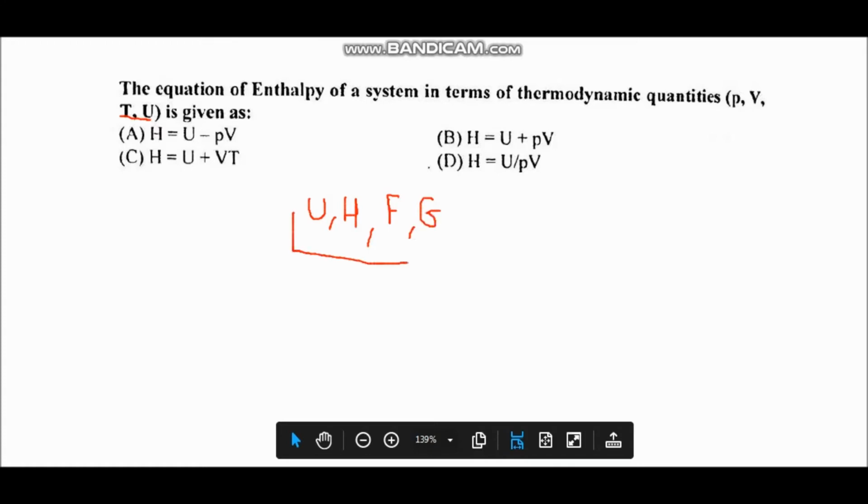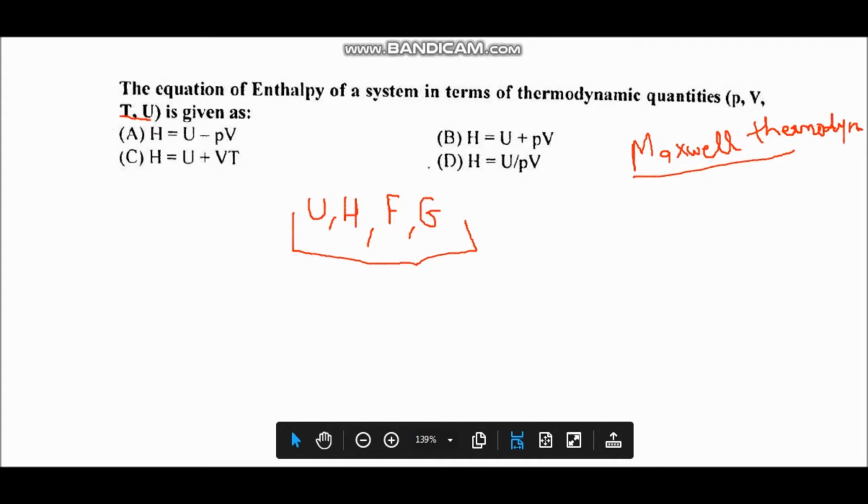These 4 thermodynamic potentials are used to derive the Maxwell thermodynamic relations. Like Maxwell equations in electrodynamics, in thermodynamics we have Maxwell thermodynamic relations, and all these relations are derived with the help of these 4 quantities.